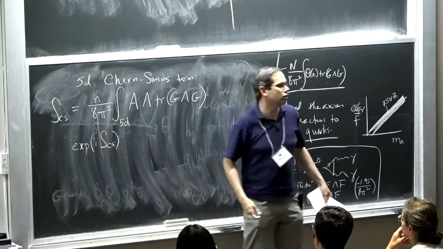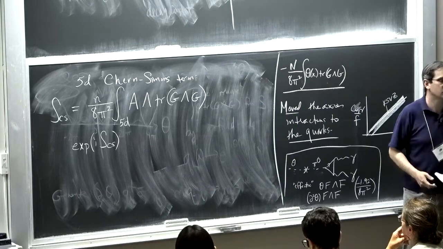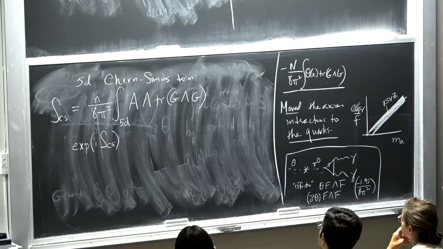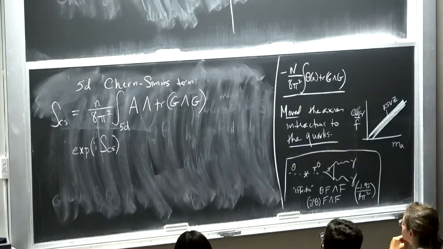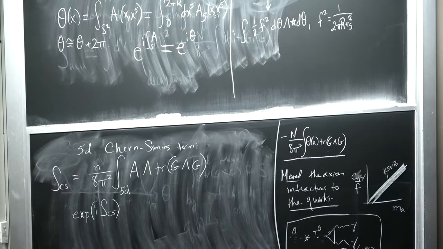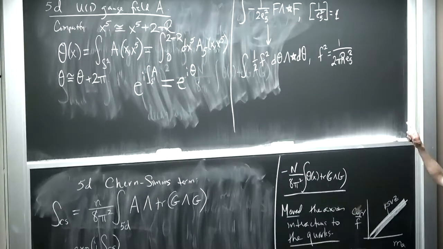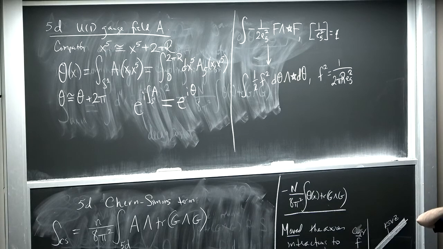Yeah? For the kinetic term, to go from the A to the theta, you need one integration. But you have 2 A's and 2 thetas, only one integration. How do... Yeah, so what we're really doing is decomposing our 5D gauge field into a bunch of modes, and this is one of them. It's like doing some Fourier decomposition of the modes around the circle.